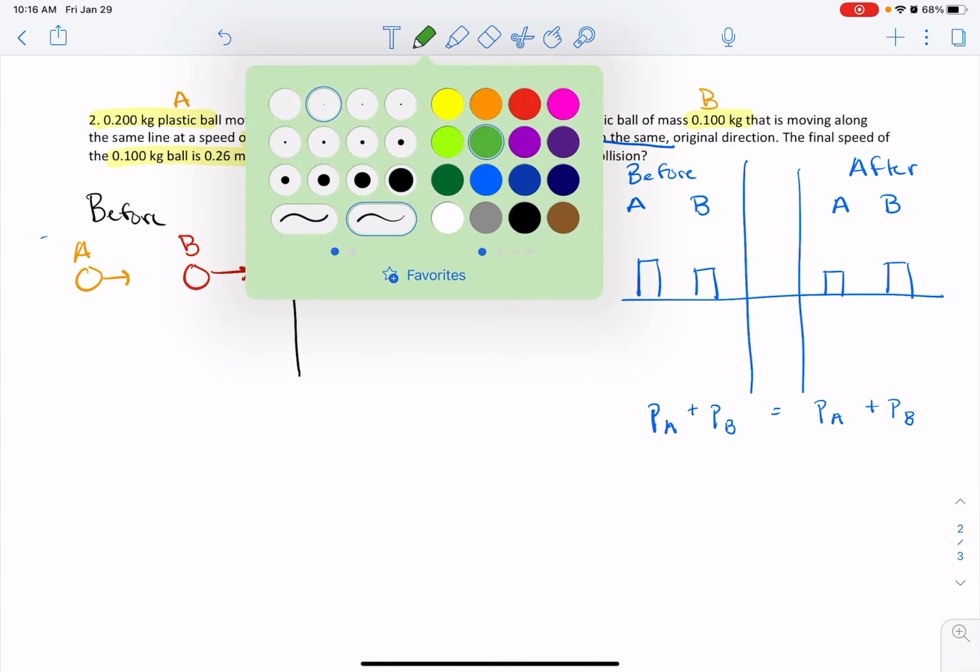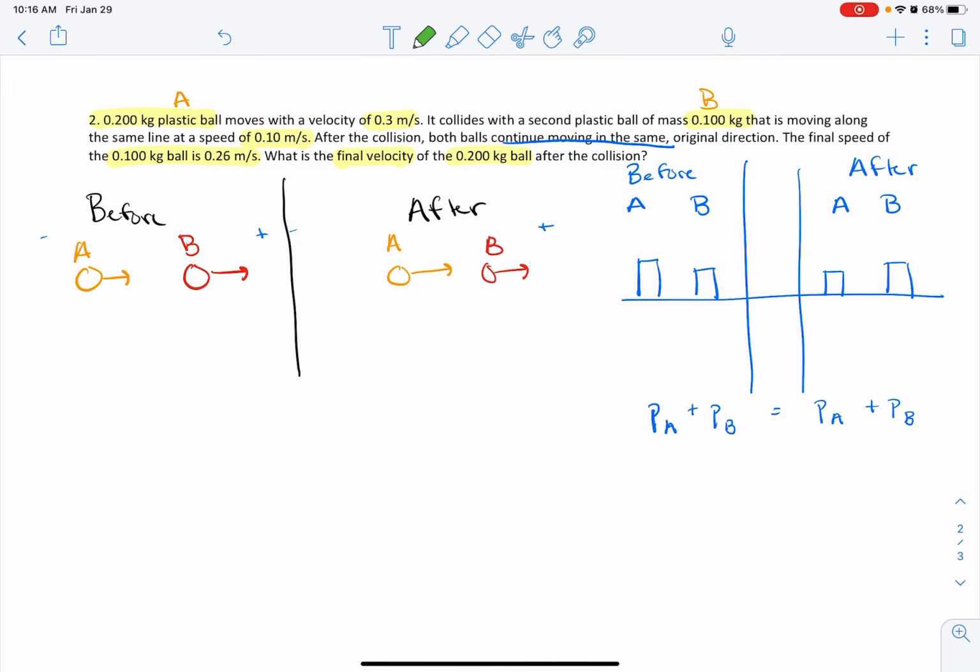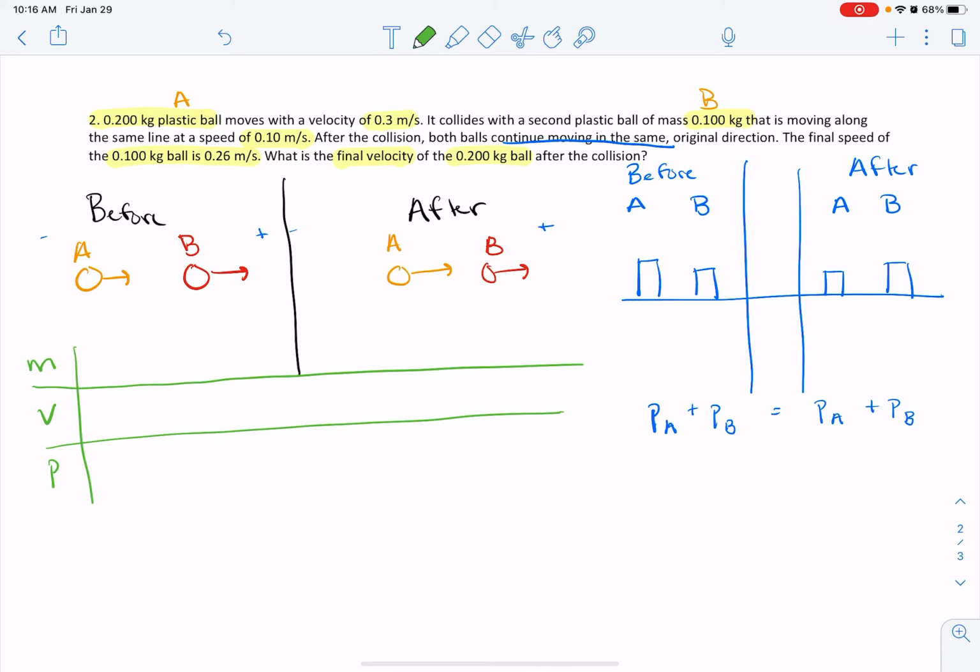So let's make that same chart that we did before of the masses, the velocity, and the momentum of each, before and after. The mass of A is 0.2 kilograms. Mass of B is 0.1. The velocity of A is 0.3. The velocity of B is 0.1.